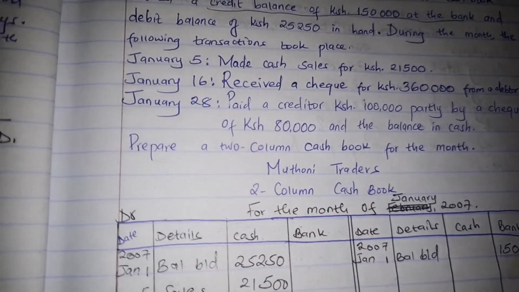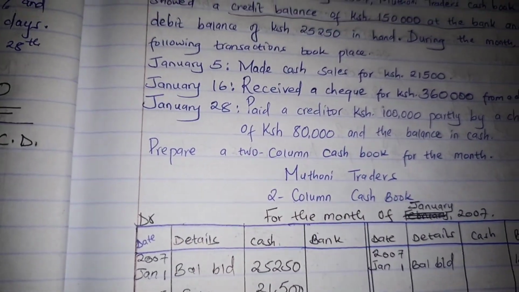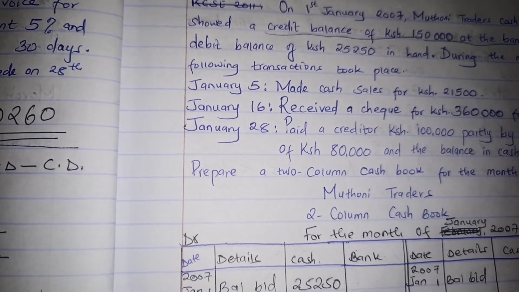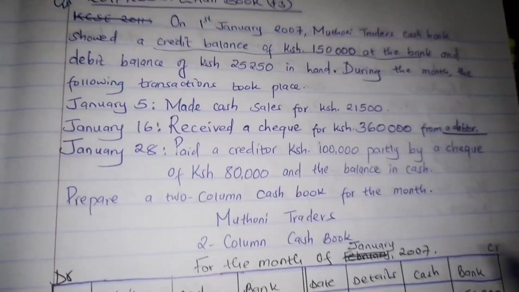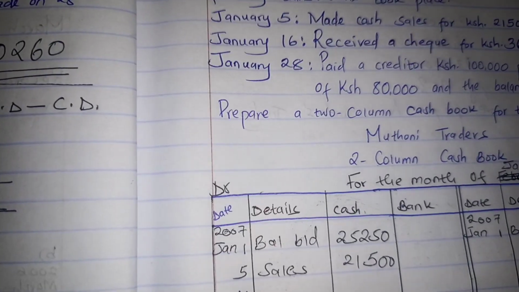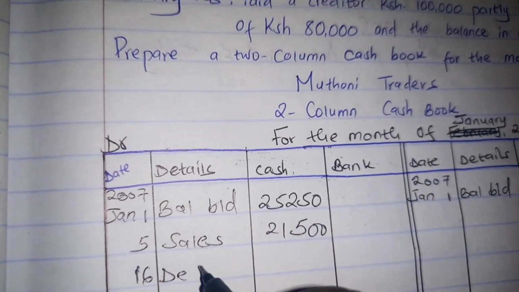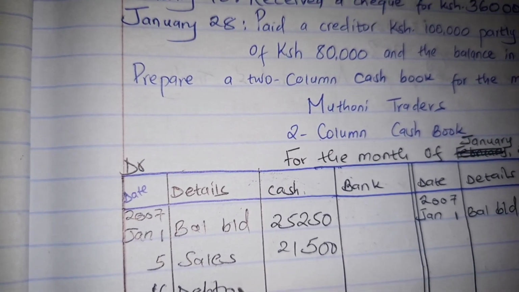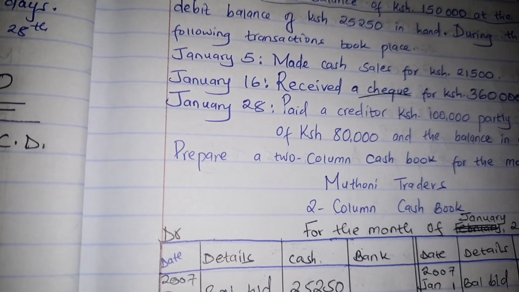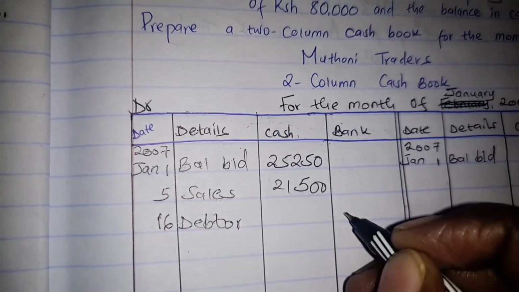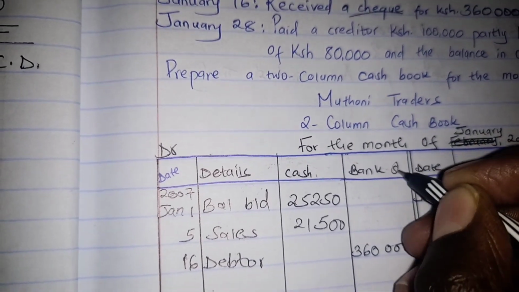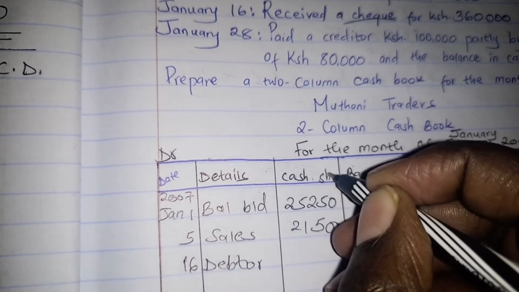So here, where is this money coming from? The debtor. So that is what we are going to have in our details column here. Debtor. It is a check, meaning it goes to the bank column, that is 360,000.